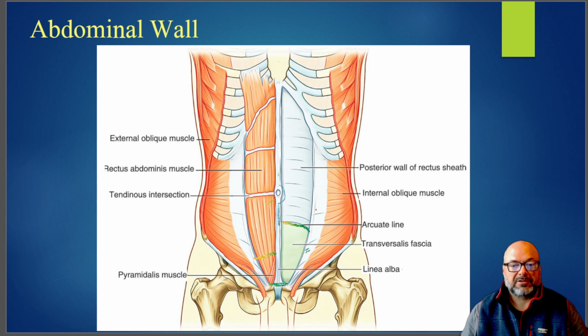Whereas above the arcuate line, there's a bit of a division of some of that going behind rectus and some of it going over the top. So again, we've got some illustrations to look at that.